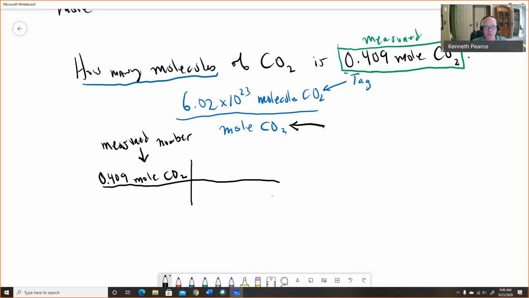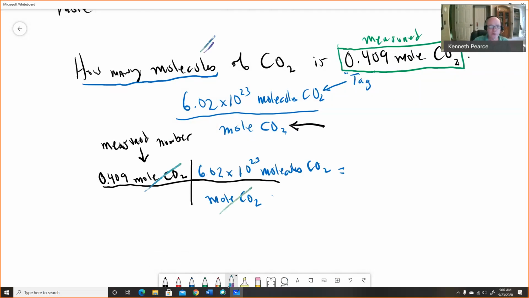And the mole CO2 just so happens to be on the bottom where we need it to be. So we copy it down. And so the moles CO2 goes down on the bottom. And the 6.02 times 10 to the 23rd molecules CO2 goes on the top. And that's so that mole CO2 cancels, and we're left with molecule CO2.